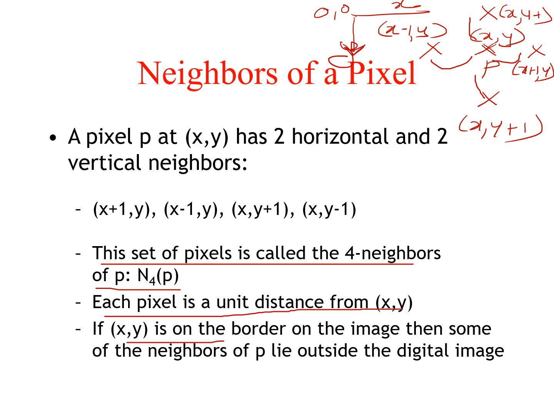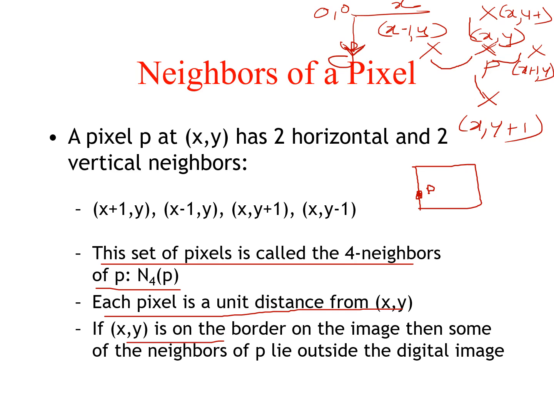If x and y is on the border, suppose this is the image and the pixel is on the border, what will happen? For a pixel on the border, minimum one neighbor of pixel P will be outside the image. So whenever you want to define a border, you have to take care of this.